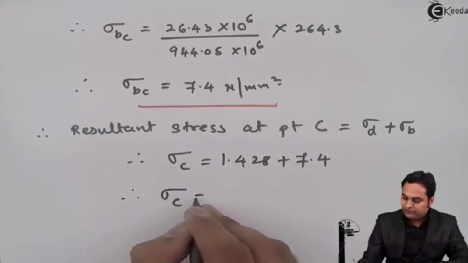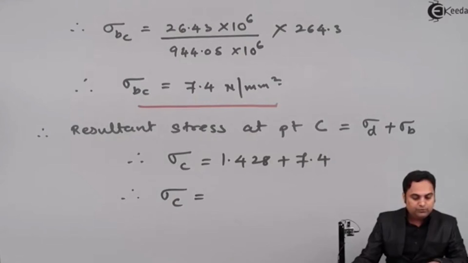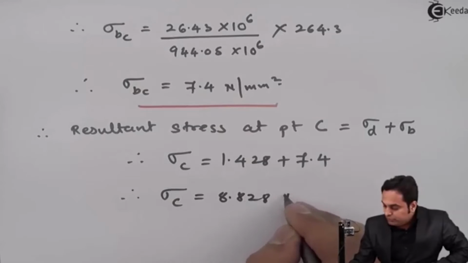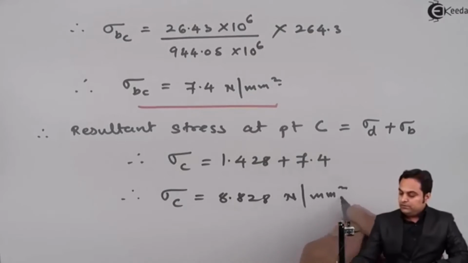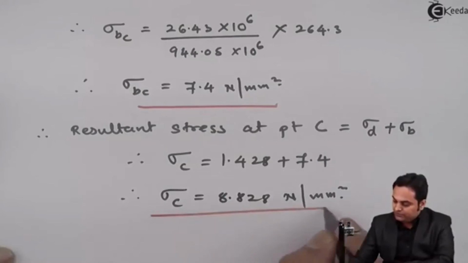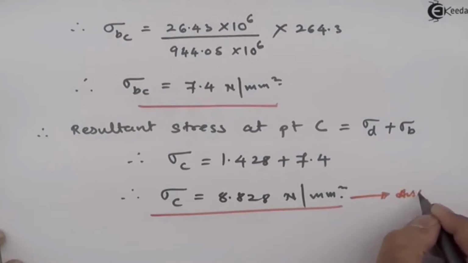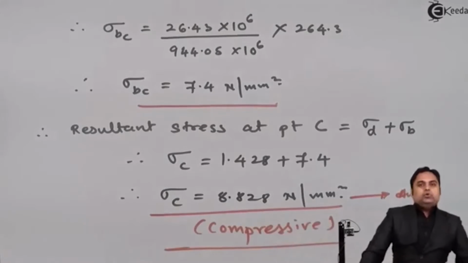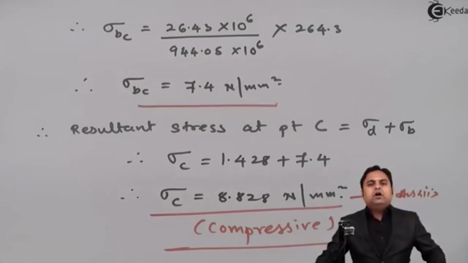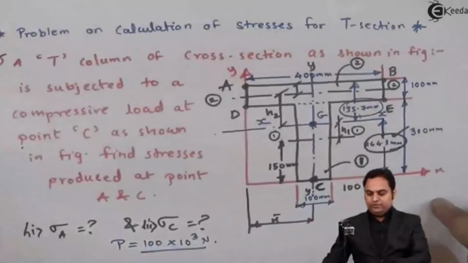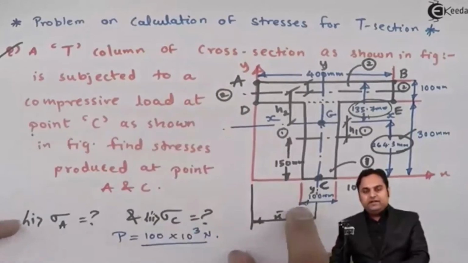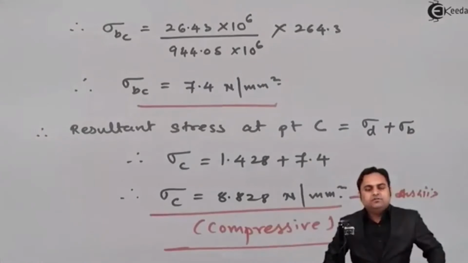From this the value of sigma C comes out to be 8.828 Newton per mm square. As I am getting this answer as positive, it means that it is compressive stress, because in this chapter we take compression as positive. So in this video we have seen how to calculate the stresses at two given points, A and C. At A it was of tensile nature, at C it is of compressive nature, and with this we complete the problem.